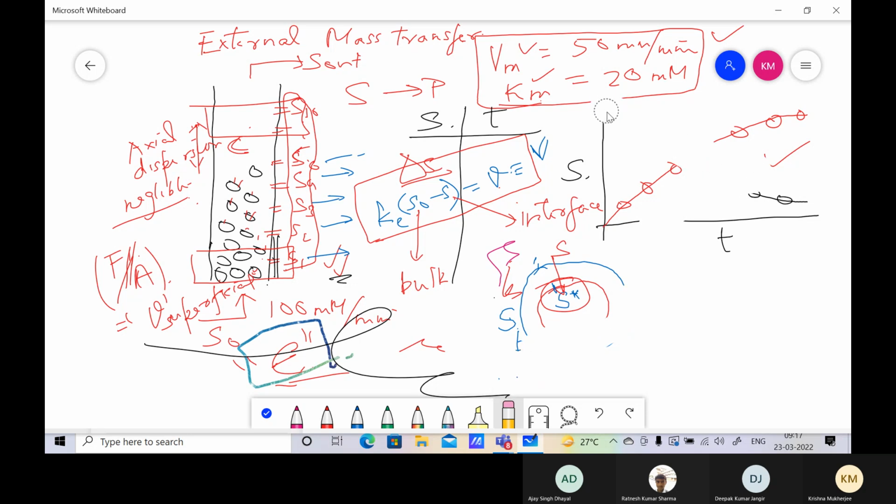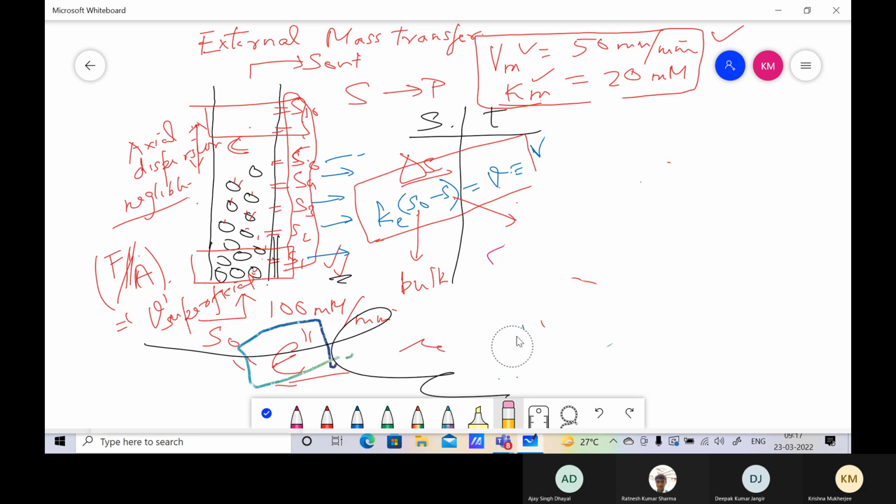See, this is the profile, and I should not have rubbed out the profile, but it's very obvious. So now what is the rate of reaction with respect to substrate concentrations? This is the V versus S plot. Let us assume that this is a V versus S plot, and with respect to time, the substrate concentrations tend to go from here to here, here to here, and so on and so forth.